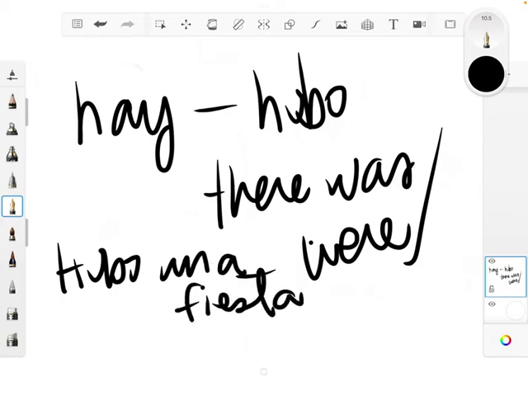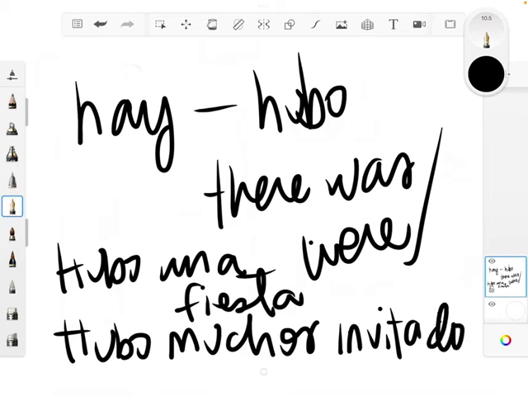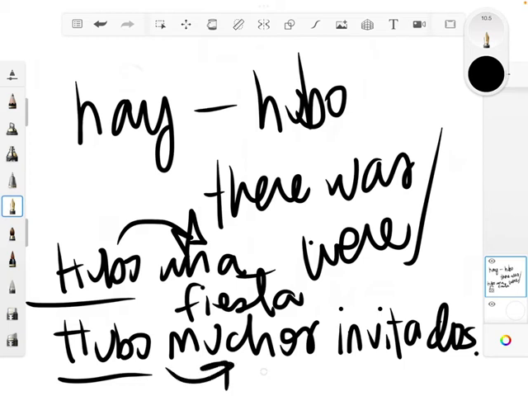There was a party, but we're also going to use it for plurals. So, hubo muchos invitados. Okay, so this is going to be used whether what follows is singular or plural. All right, that's it for this.